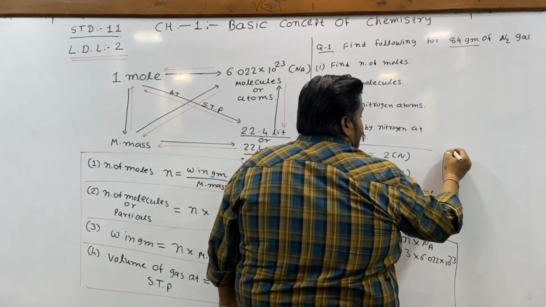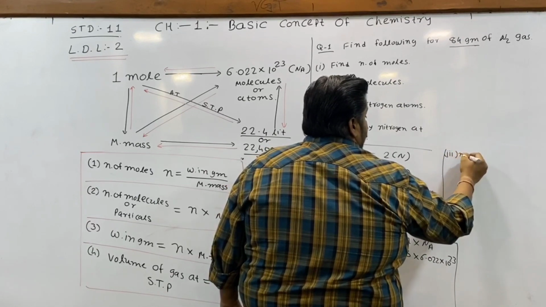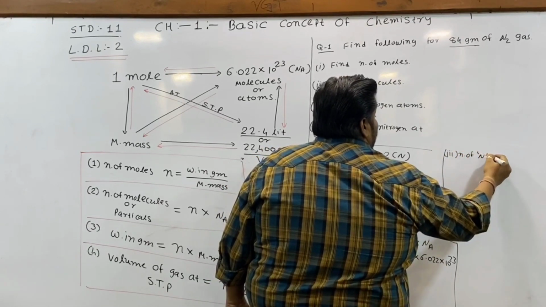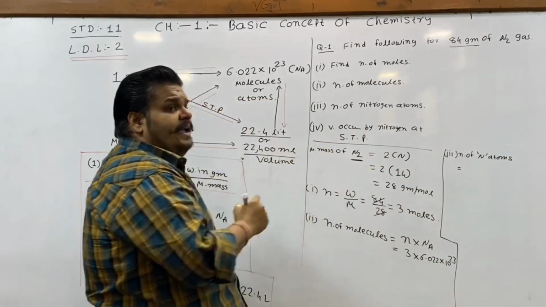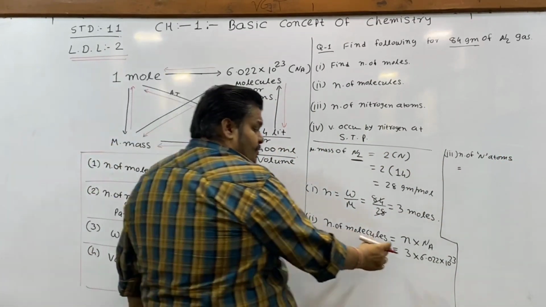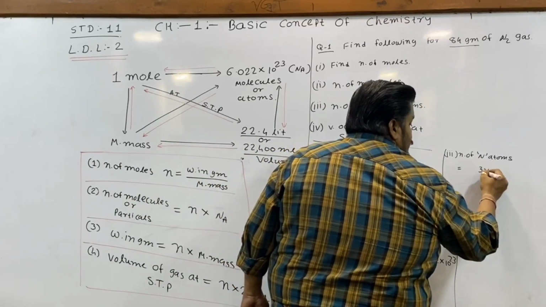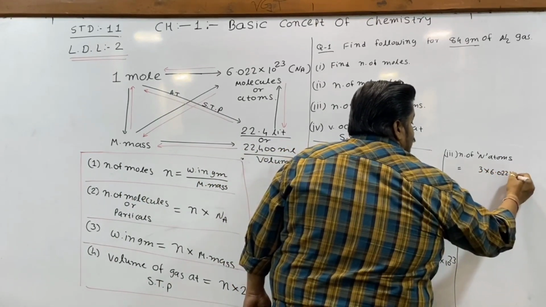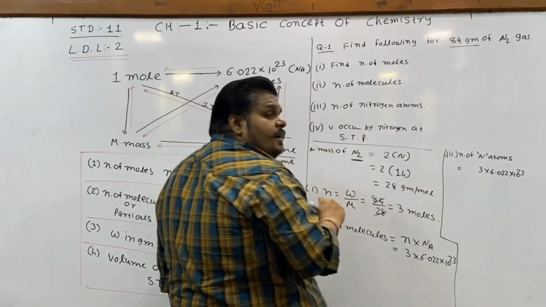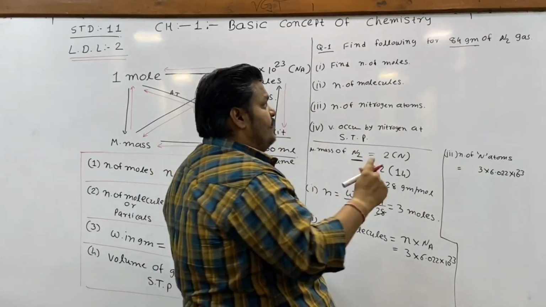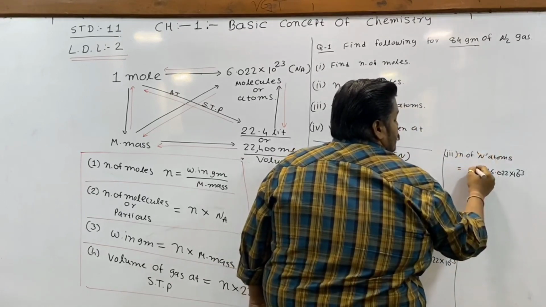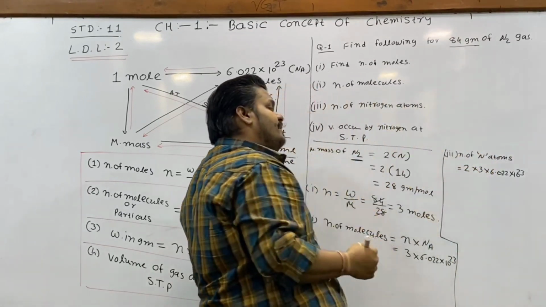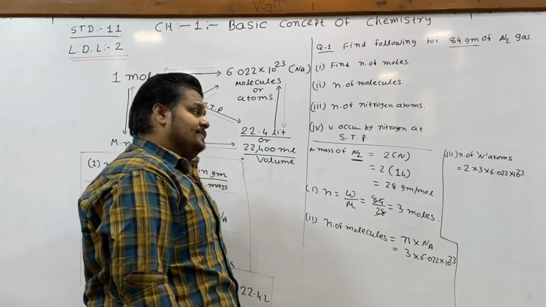To calculate the number of nitrogen atoms, we have to multiply the number of molecules, which is 3 into 6.022 into 10 raised to 23, with the number of atoms present in one molecule. One molecule of nitrogen possesses how many nitrogen atoms? 2. So it should be multiplied by 2 to get the number of nitrogen atoms.